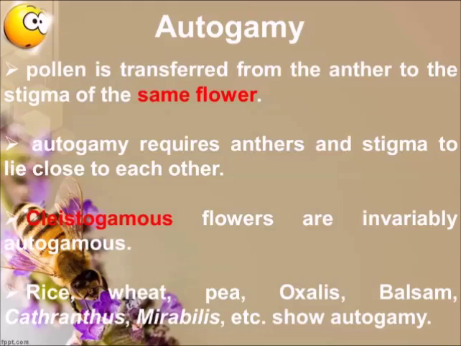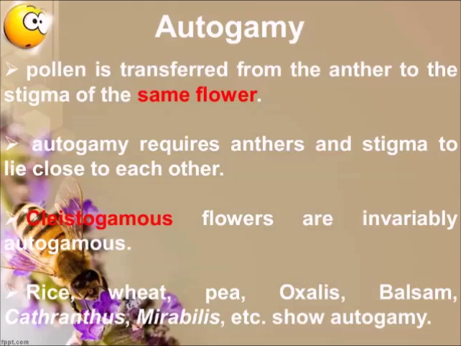Remember, autogamy is possible only when anther and stigma are close together and there is synchrony in pollen release and stigma receptivity. In cleistogamous flowers, that is closed flowers or flowers which do not open at all, the anther and stigma lie close to each other.